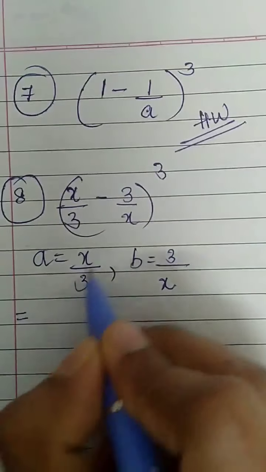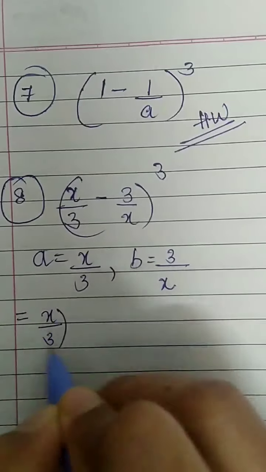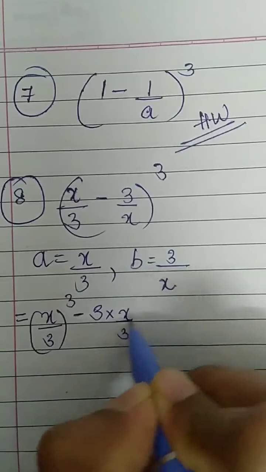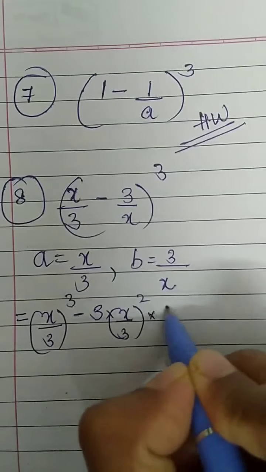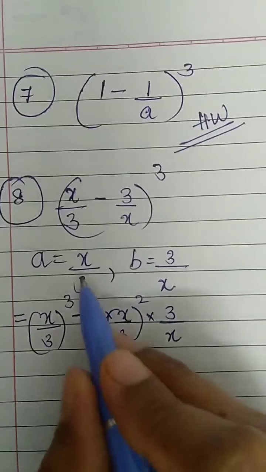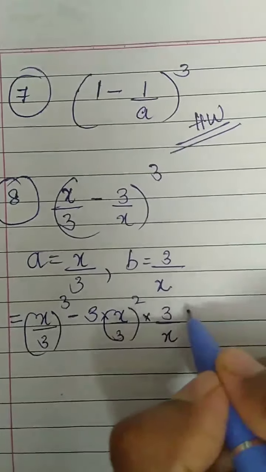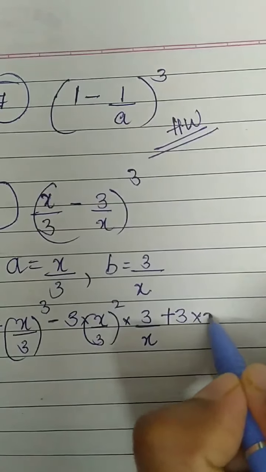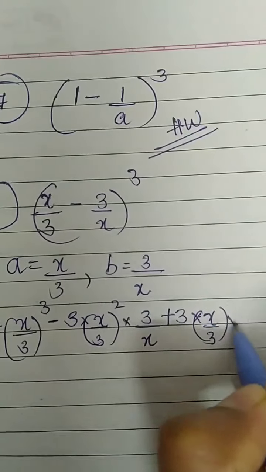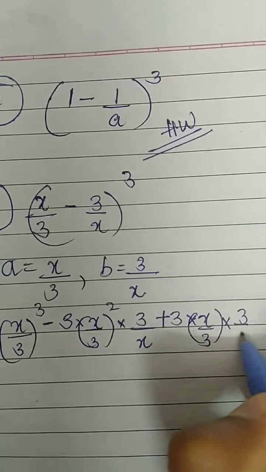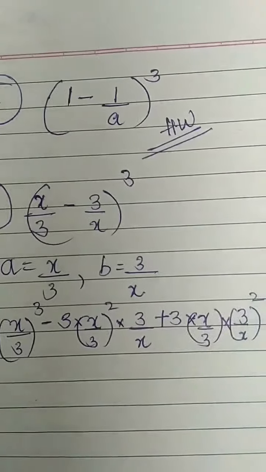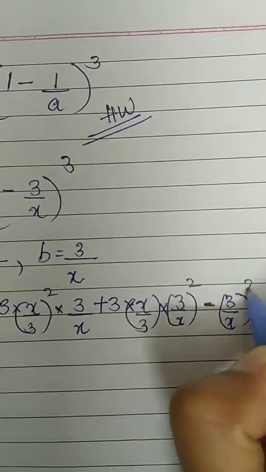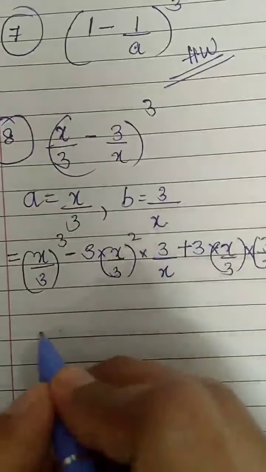Use the formula a cube: (x upon 3) the whole cube minus 3 into (x upon 3) the whole square into 3 upon x, that is 3a square b, plus 3ab square, so here x upon 3 one time into (3 upon x) the whole square, minus (3 upon x) the whole cube. One by one let us solve.